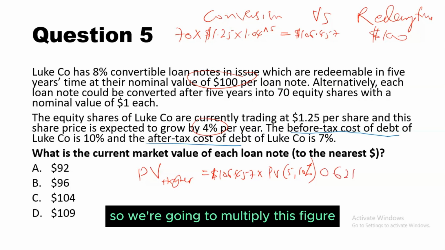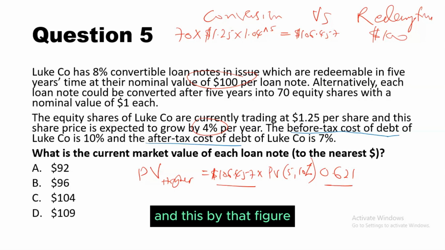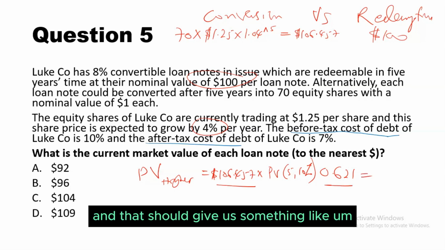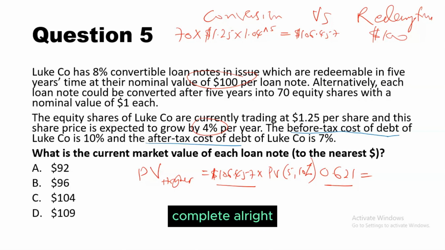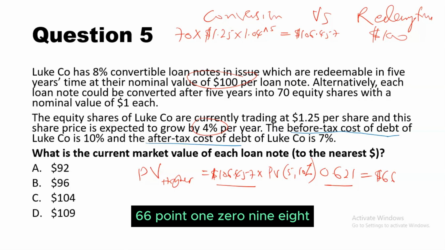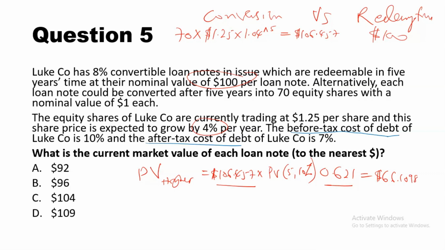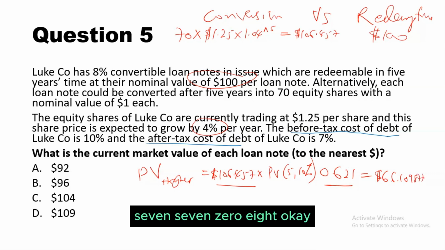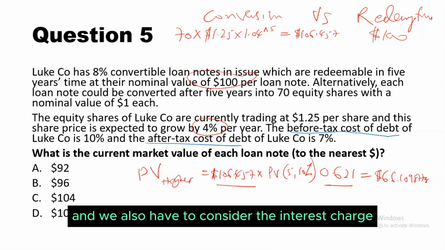So we multiply this figure by that figure, and that should give us 66.10987708. And we also have to consider the interest charge.